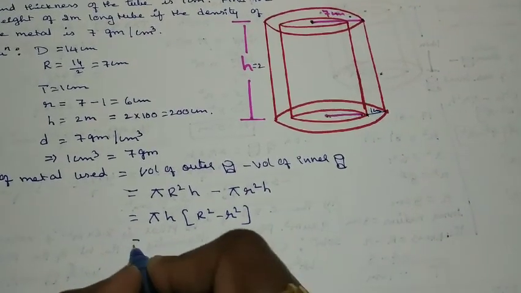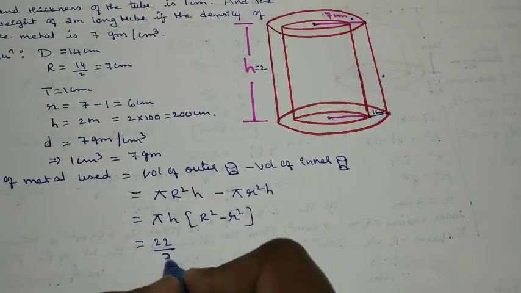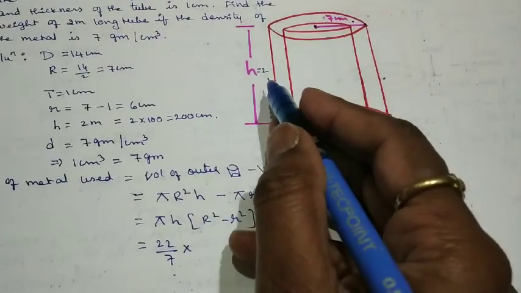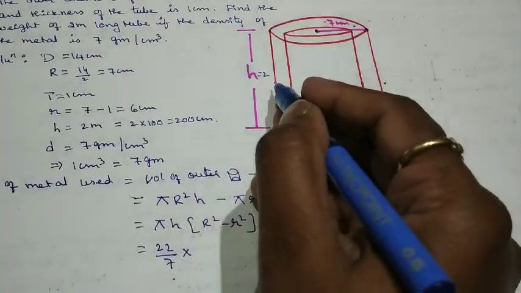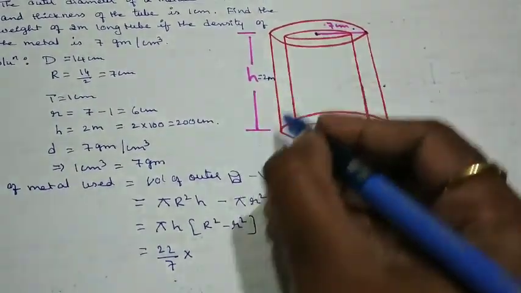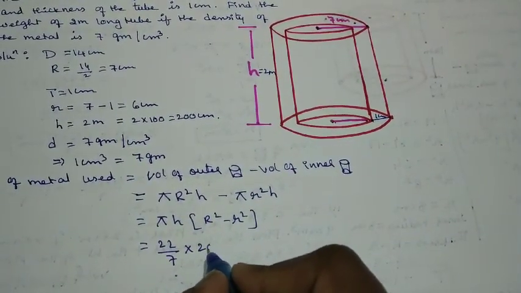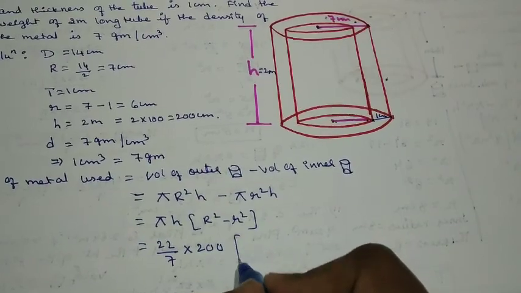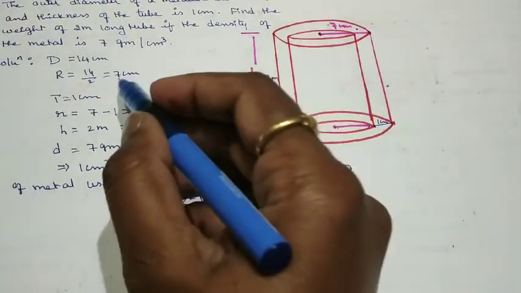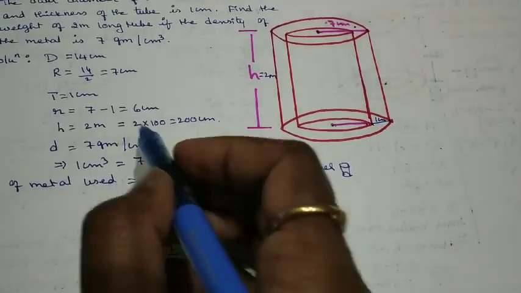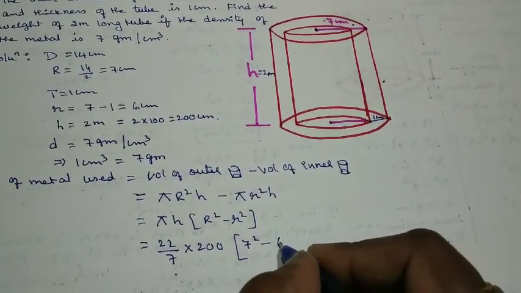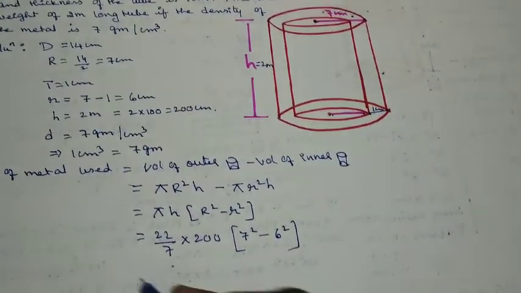Then substitute the values. 22 by 7 into the height of the cylinder, which is 200 centimeter. This was in meters, so converted into centimeter, that is 200 centimeter, into capital R is 7, that is 7 square, minus small r is 6 because we have the thickness of 1 centimeter.